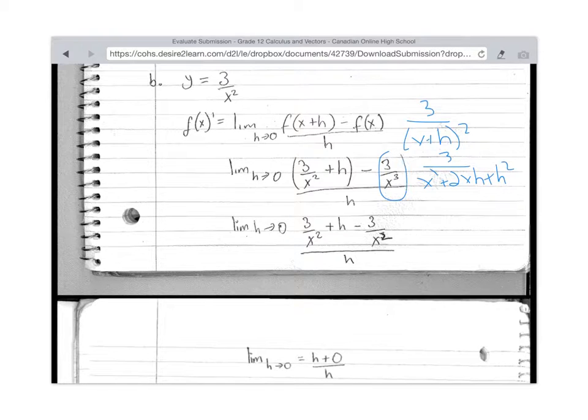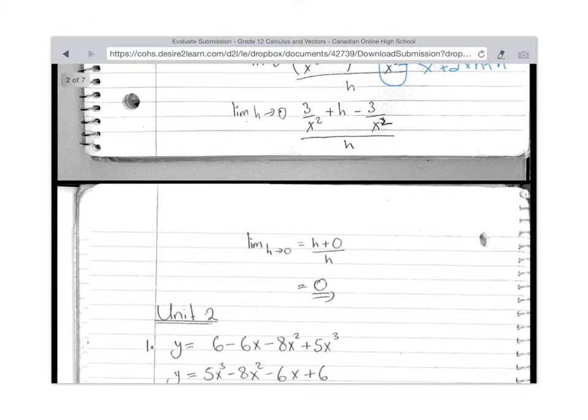And then you would be subtracting your 3 over x squared, not x cubed there. And so again, if you try taking the derivative using your derivative rules just as a check, then we can see that y prime should be negative 3 over x cubed when we're done. And I don't think that you ended up there. No, you ended up at 0.